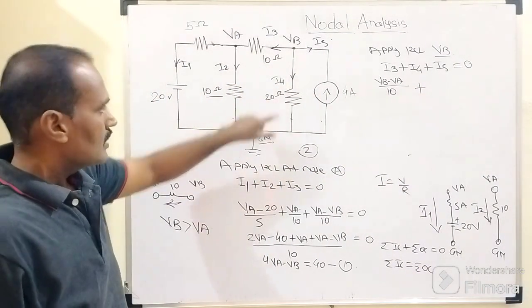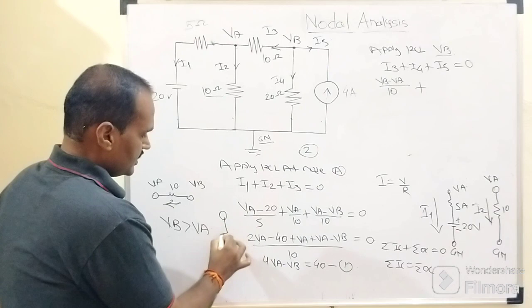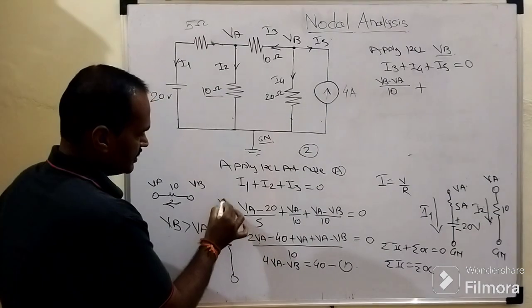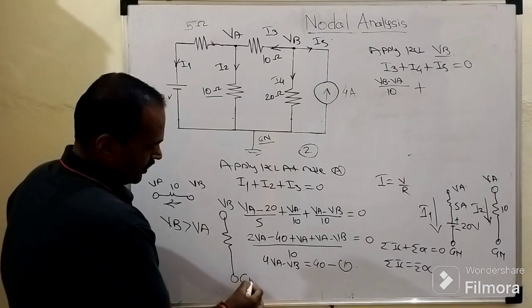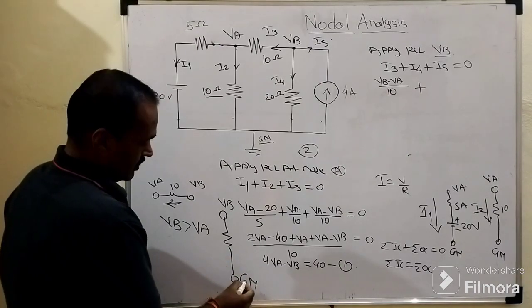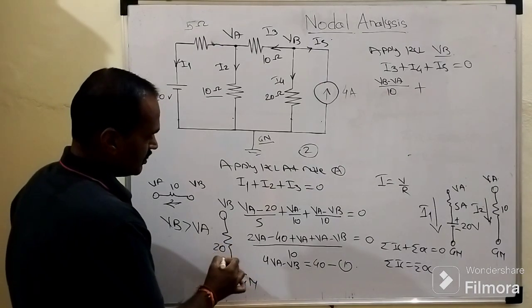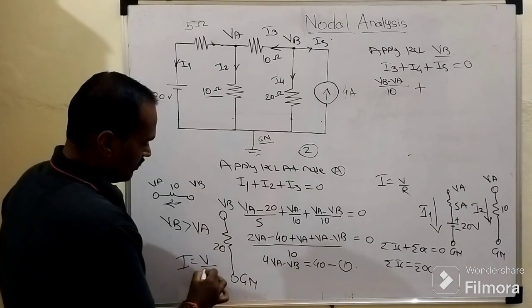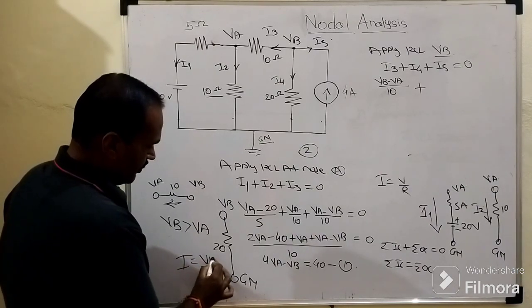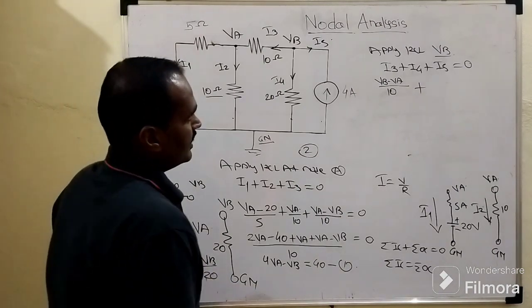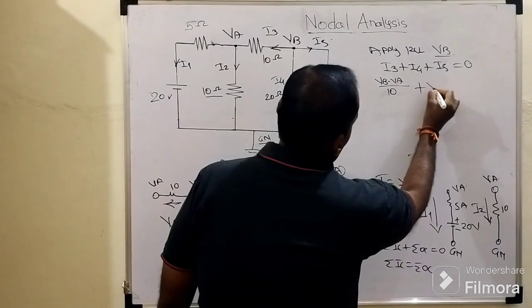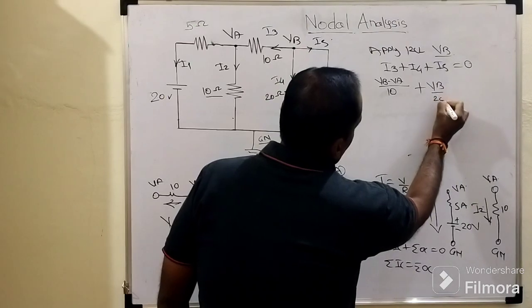I4 is nothing but what? The current flowing through this 20 ohm resistor. How is it connected? The upper end of this 20 ohm is kept at VB, and the lower end is kept at the ground node. So I equals V by R. So VB divided by 20. This will be the current equation for I4, VB upon 20.